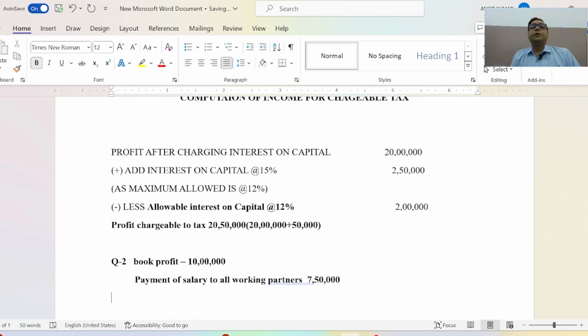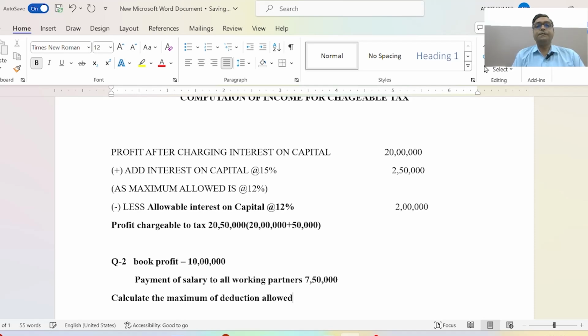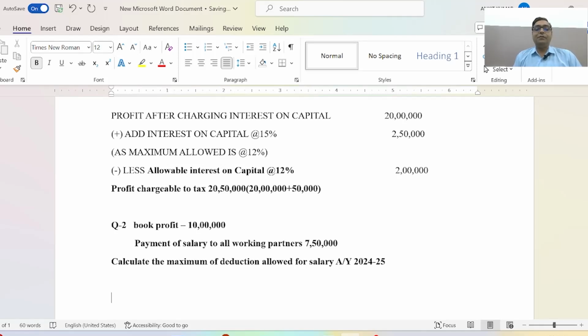And calculate the maximum deduction allowed for salary for assessment year 2024-25. We already have all the theoretical concepts. Now we will discuss only the deduction: how much deduction will be allowed.